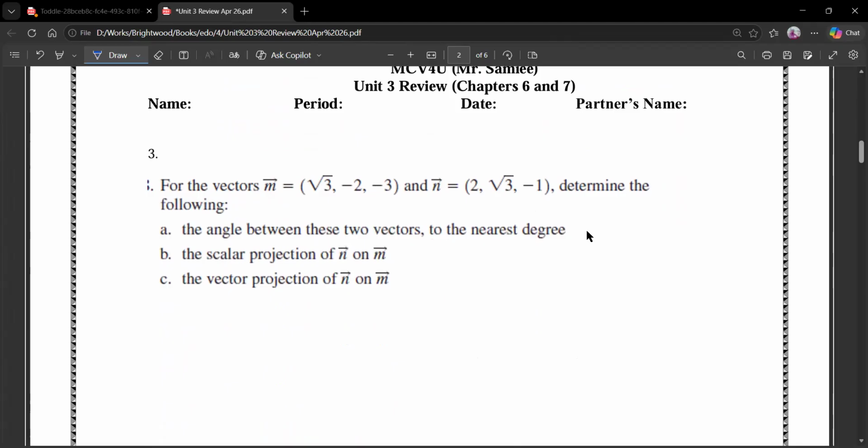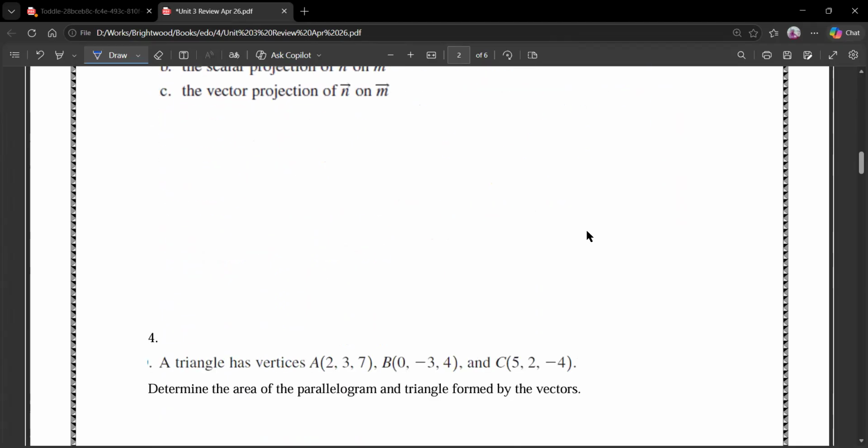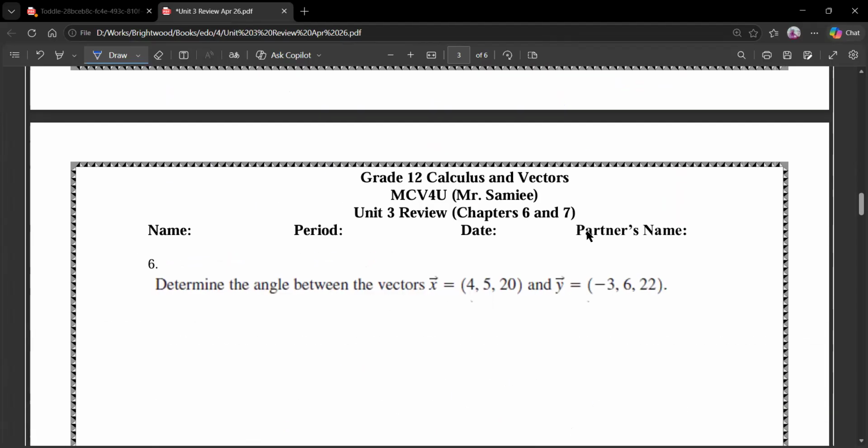Okay, so that's the way we discuss the third question, fourth question.